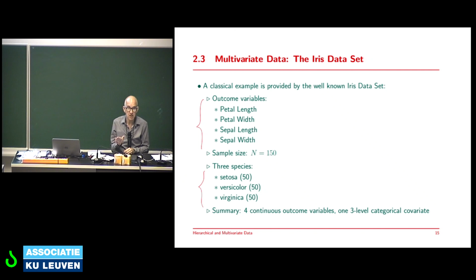Some people will say, yeah, and because it's nominal, I want to replace it by 3 dummies, X1, X2, X3. And then somebody smart comes and says, yeah, but if you have 3 dummies, 1 is redundant. Because if you know that a flower is not setosa and not versicolor, so it's 0 on both of those, you know it must be 1 on virginica.